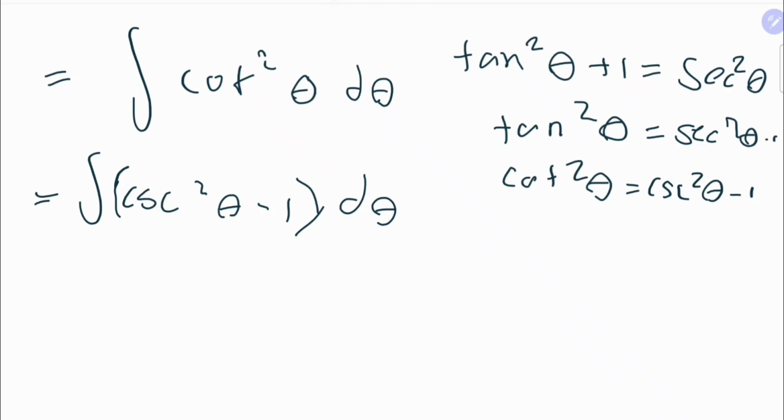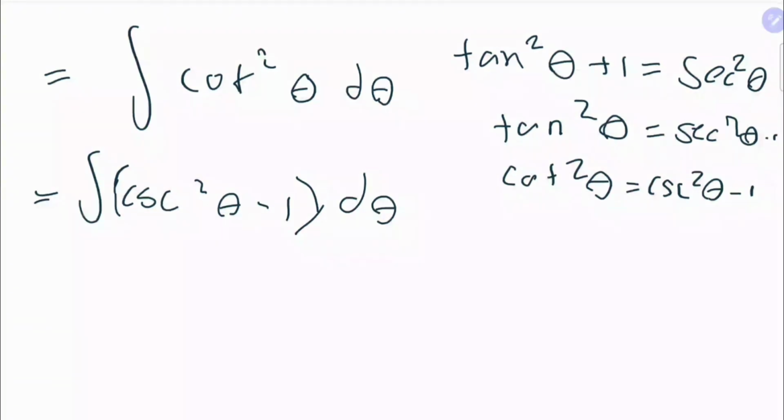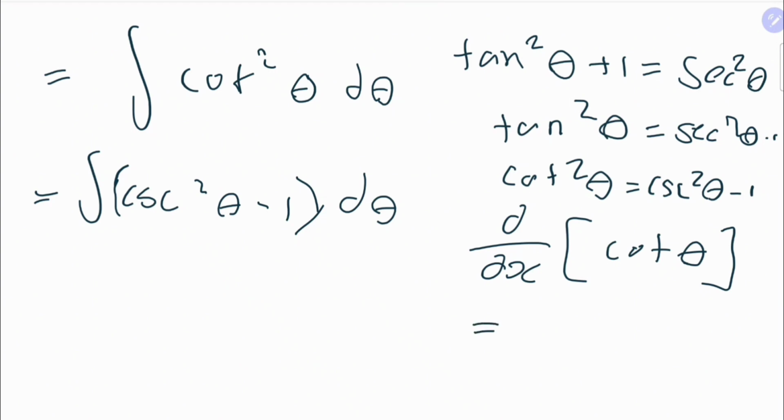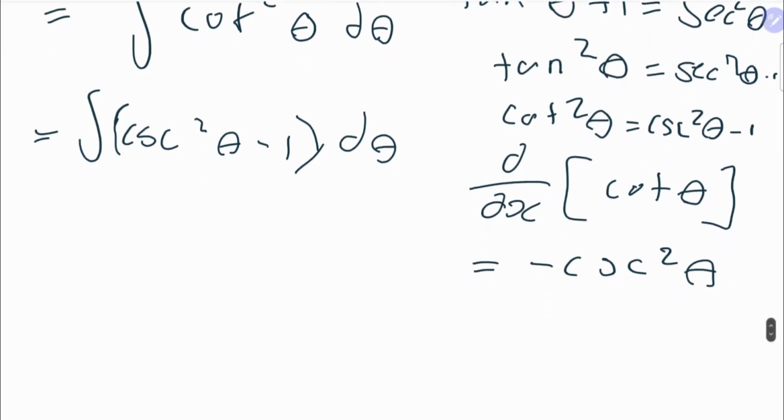You may be wondering how. Well, we know that the derivative of cotangent theta is equal to negative cosecant squared theta. Okay?